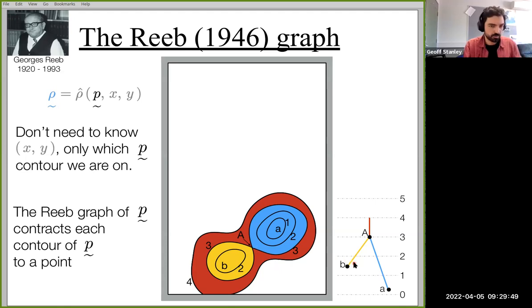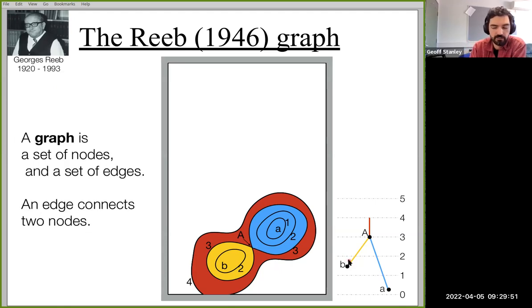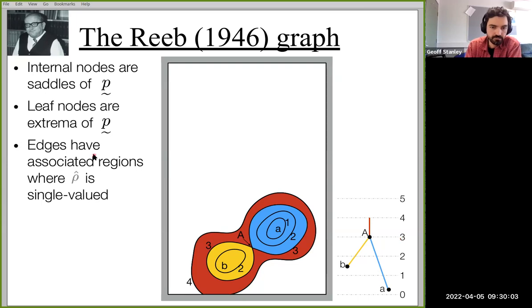And so what we're doing here is we're building a graph. If you've never heard of a graph before, conceptually they're very simple. It's just a collection of nodes, so that's the black dots, and edges. And what's an edge? It's just a line between 2 nodes. Okay. So there's something special here. The leaf nodes, like little b and little a, correspond to extrema, so maxes and mins of the pressure field.